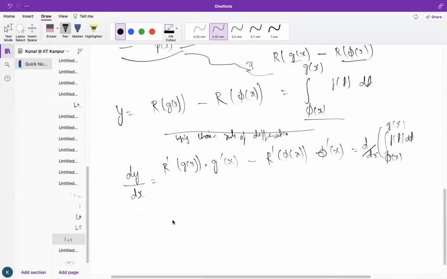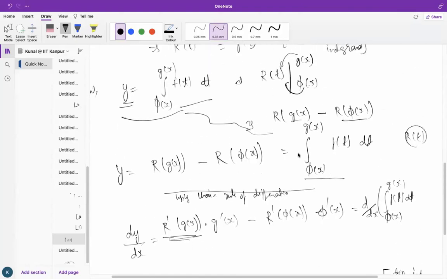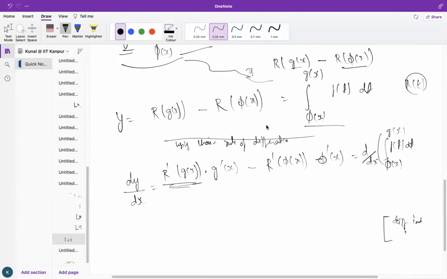Now we actually know, using the indefinite integration first lecture, that the differentiation of an integral is the integrand. So we are differentiating the integral. R of t is our integral. Let me rewrite it here. This is our integral, right?